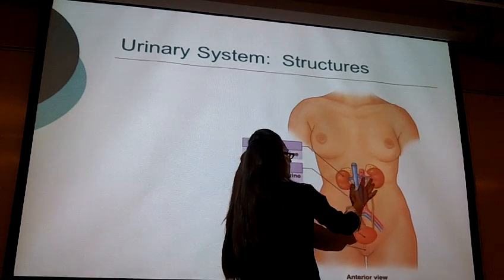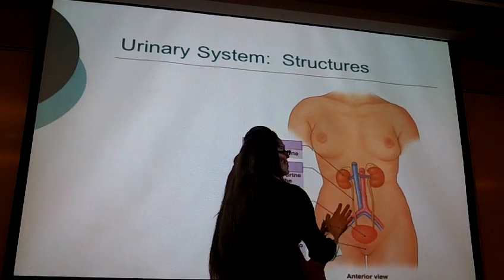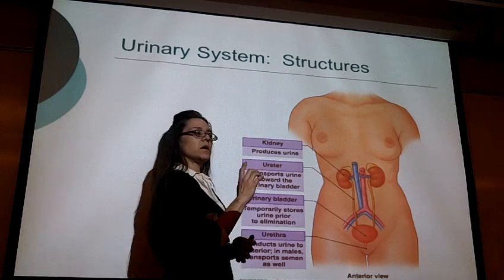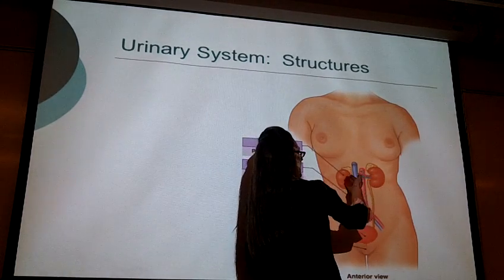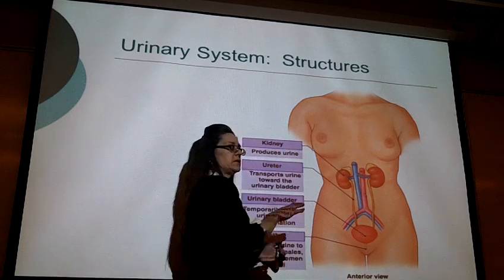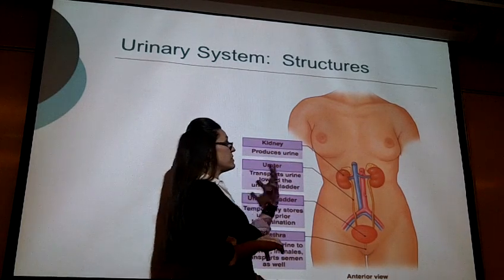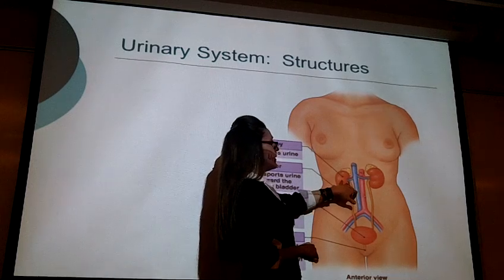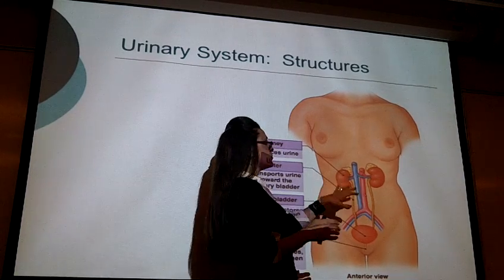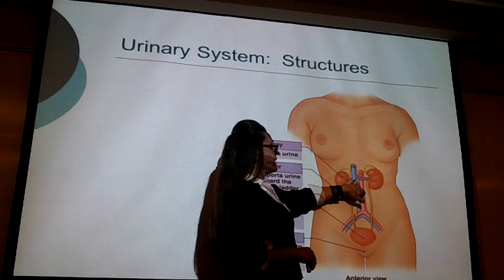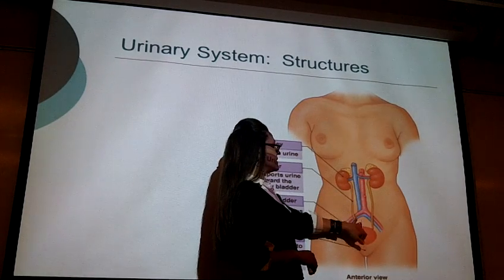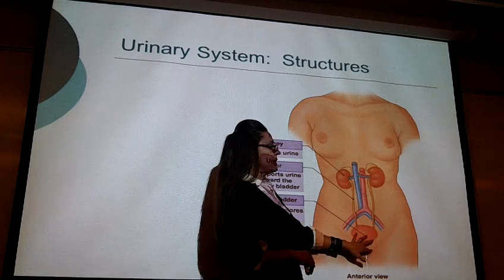So you can see on the medial side of the kidneys here, just like when we looked at the lungs, on the medial side of each lung, we're going to have things entering and leaving the kidneys. And those things would be the renal artery will come in and branch. The renal vein is taking blood away from the kidneys, and then the ureter is carrying the urine out of the kidneys.